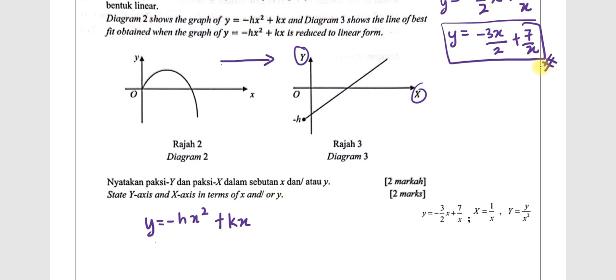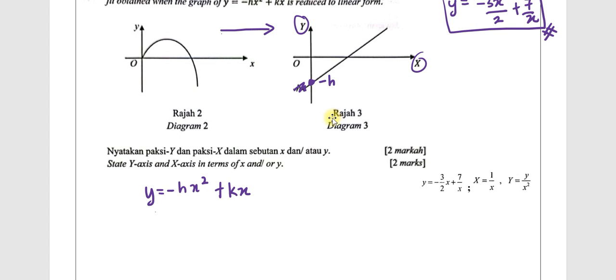You know what? This negative h is supposed to be labeled here as a y-intercept. If negative h becomes the y-intercept, it means the x square must go, right?